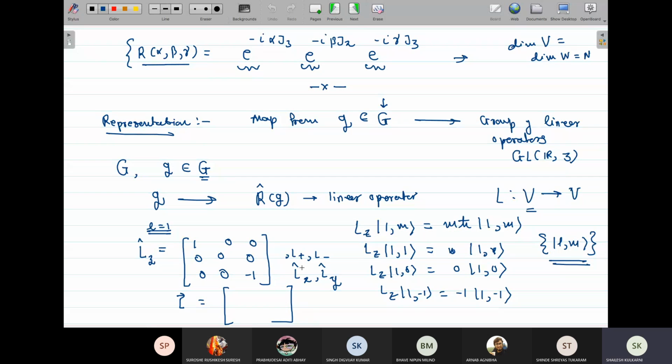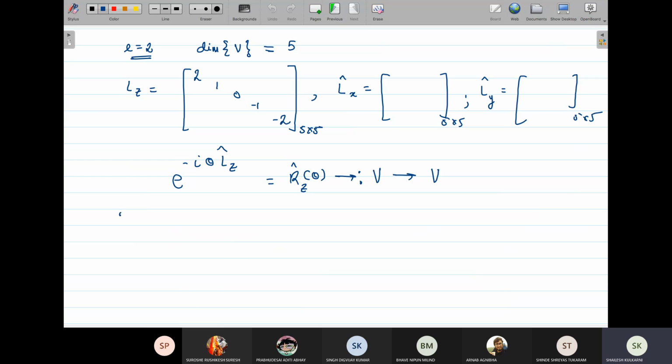So although rotation is defined in your real three-dimensional space, one can see its representation on any vector space of any dimensionality. In particular, you can ask, can we have a two-dimensional representation of the rotation group?